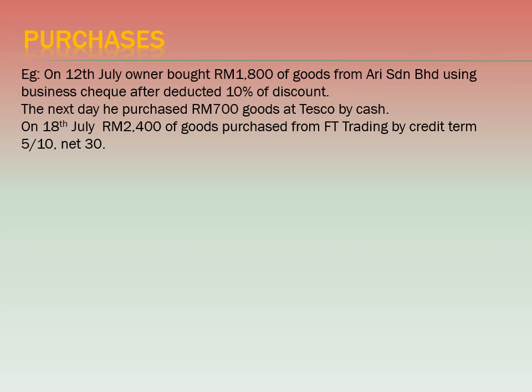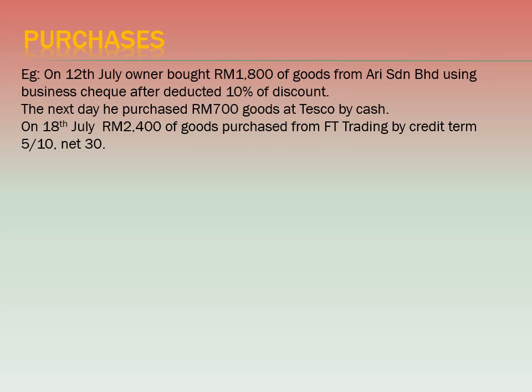If you pay earlier, then you get a discount of 5% from the total debt that you owe to the seller. Net 30 means that it is the maximum day that you can delay the payment. So from day 11, day 12 or day 13 until day 30, you will not get any discount if you pay in that period. After 30 days, the 30 days is the maximum.